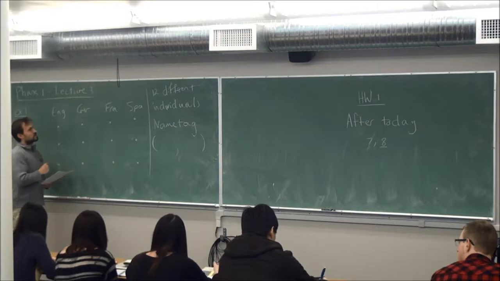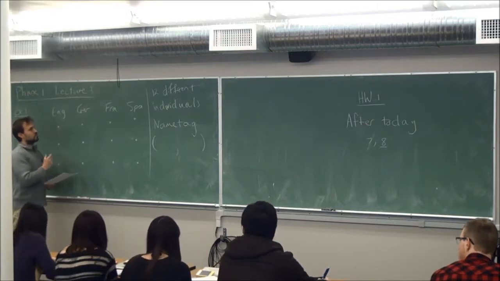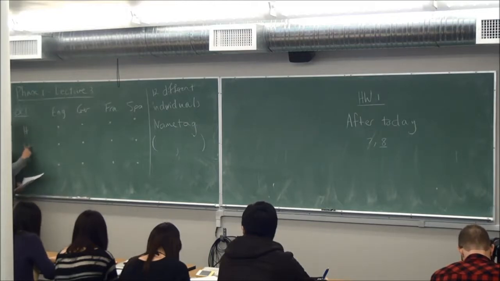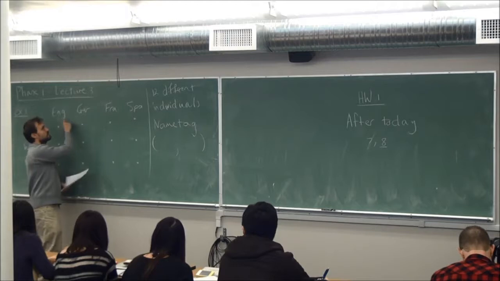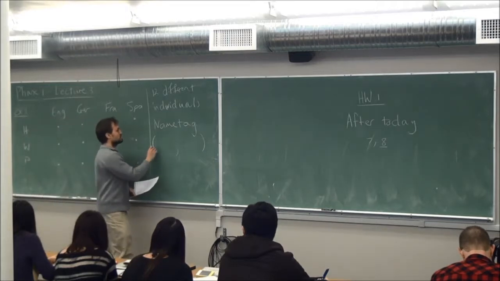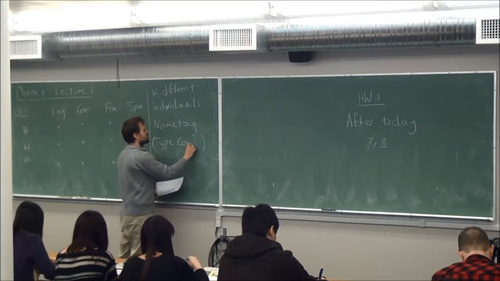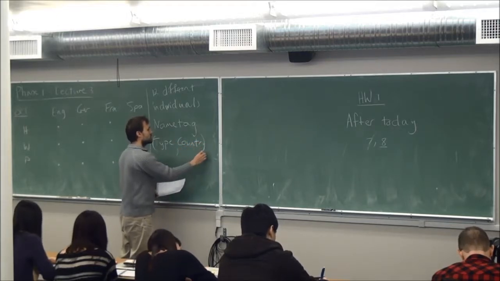And the name tag consists of 2 things, 2 entries. One, the type of individual. The other one, the country. So let's say here the type and the country.